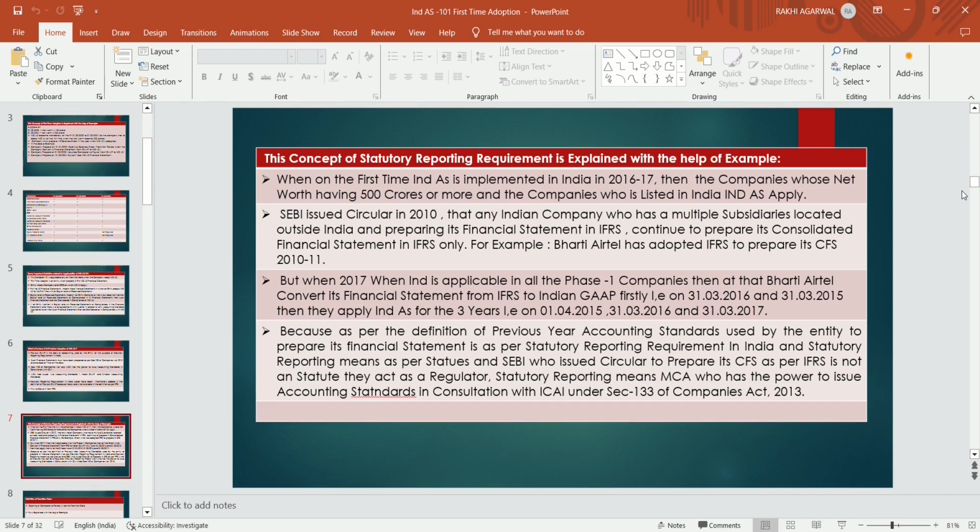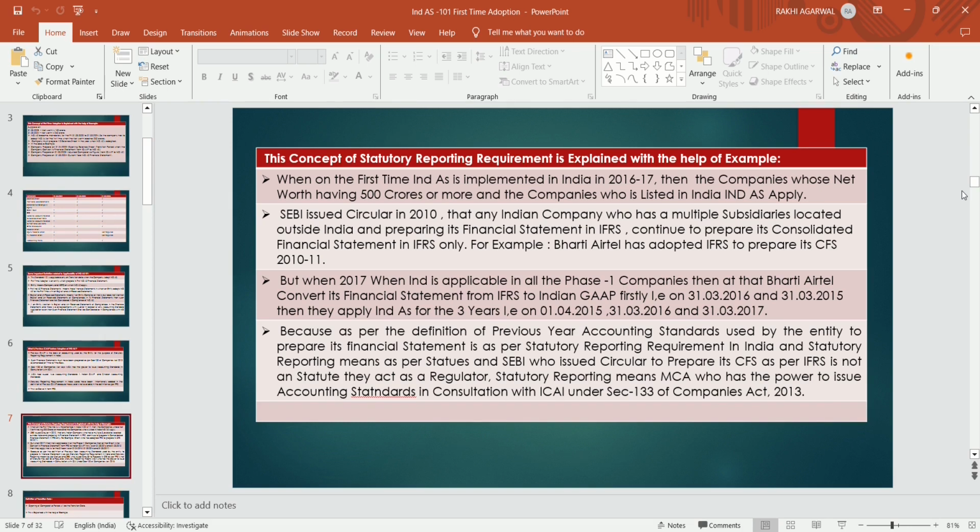As per the definition, previous GAAP is the GAAP prepared as per statutory reporting requirement in India, and statutory reporting requirement in India means the statute that issues accounting standards as per section 133 of the Companies Act. The accounting standard used by the entity must be as per statutory reporting requirement, which means as per the statute.